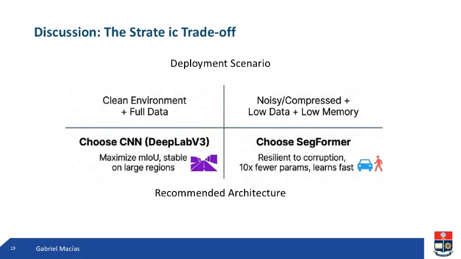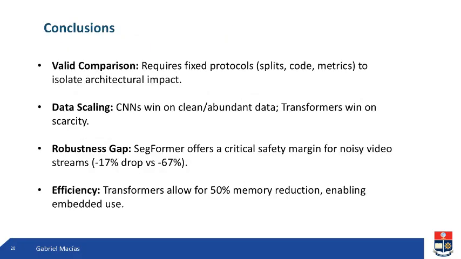It is more robust to corruptions, learns faster in low data regimes, and is significantly lighter, with around 10 times fewer parameters, making it suitable for resource-constrained or real-world deployments. Overall, the figure highlights that the optimal architecture is context-dependent. CNNs favor performance under ideal conditions, while SegFormer offers better efficiency and robustness in challenging real-world scenarios.